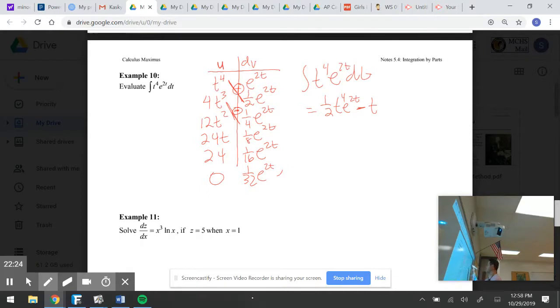So I'm going to go t cubed e to the 2t. And then these ones I'm going to multiply by a plus sign. And that's 12 eighths. 12 eighths reduces to 3/2. So plus 3/2 t squared e to the 2t.